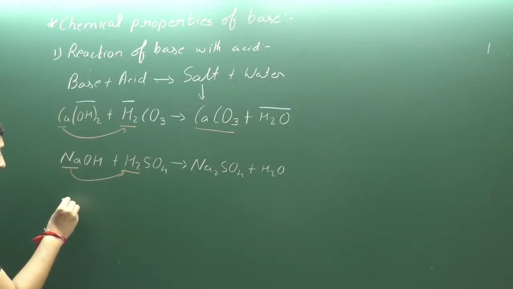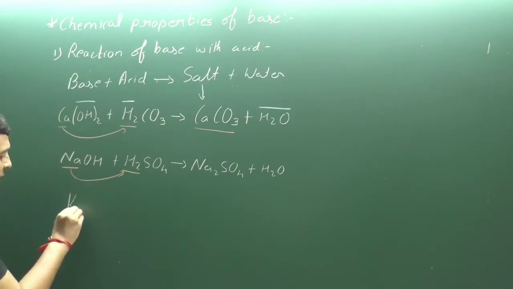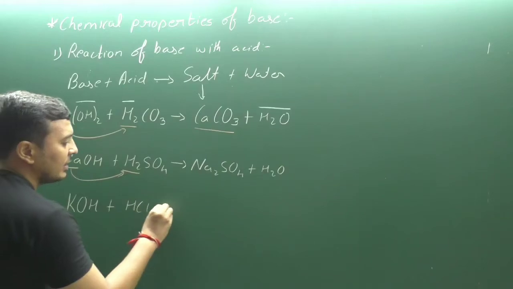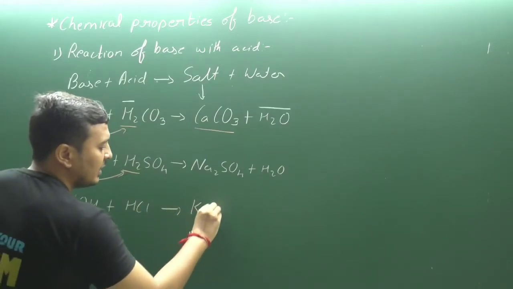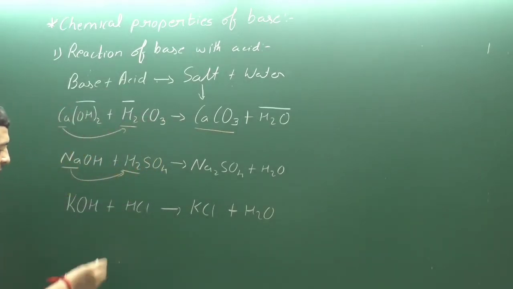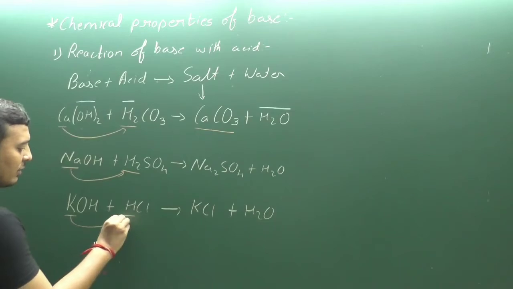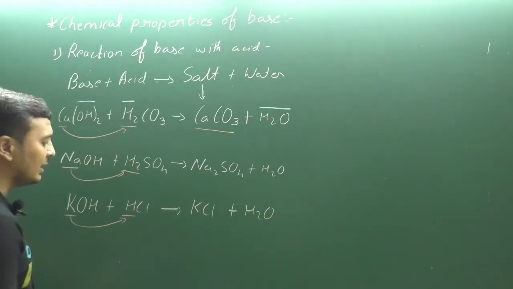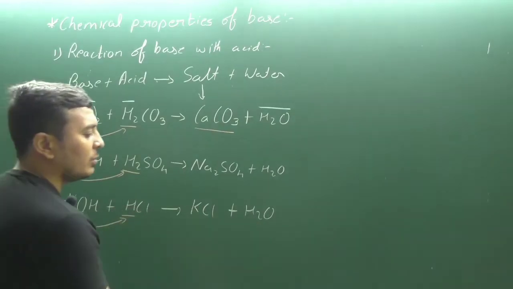Third example, let us take KOH plus HCl, it will form KCl plus H2O. Here also the same thing happens. Potassium, that is K, displaces hydrogen from acid and it forms KCl instead of HCl, and OH and H form H2O.